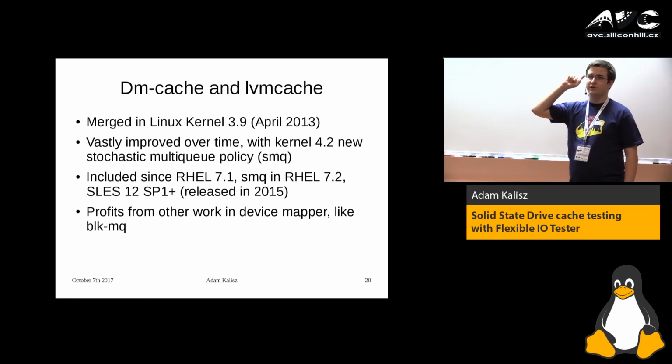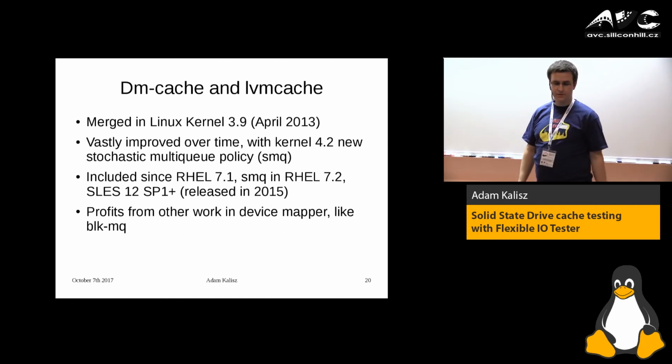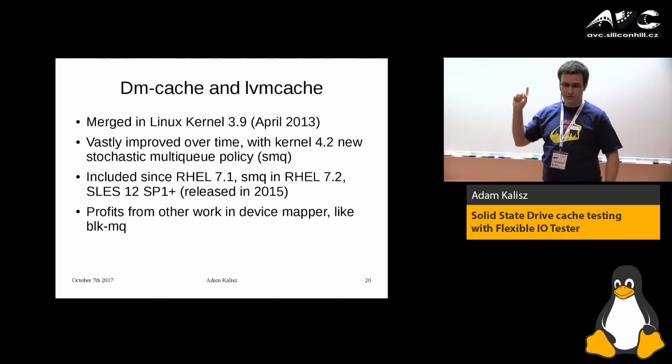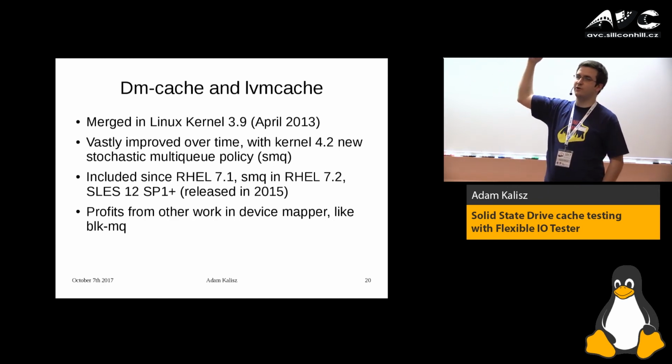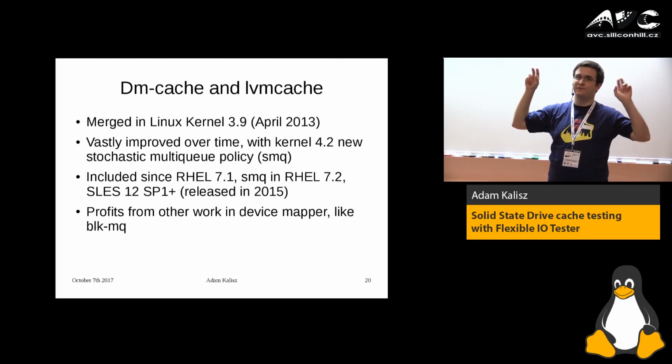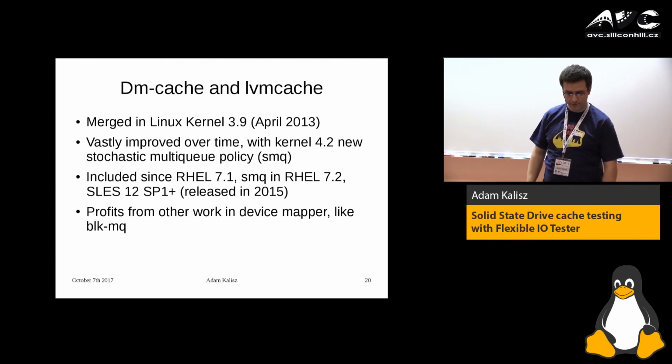You want to use a kernel after 4.2, but distributions like RHEL 7.2 actually imported those changes from kernel 4.2. So you are using kernel 4.2 level lvmcache. SUSE Linux Enterprise Server should have the facility as well.